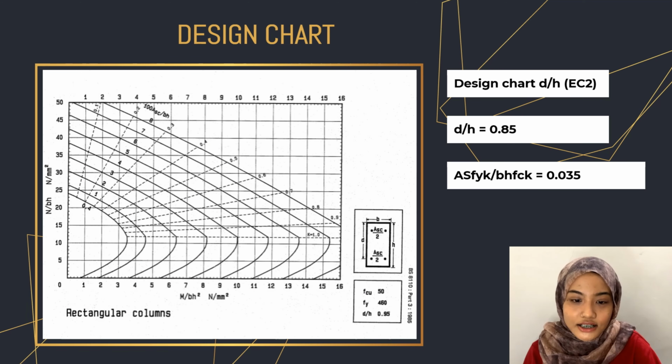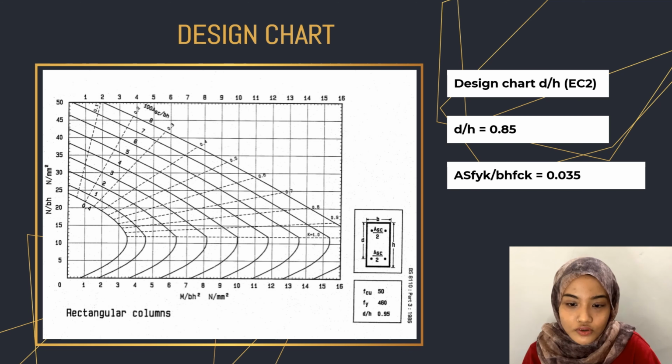The design chart of d over h equal to 0.85 for rectangular column based on Eurocode 2 is referred to determine the value of As fyk over b h fck. The value obtained, which is 0.035, is based on the moment and load applied to the column.